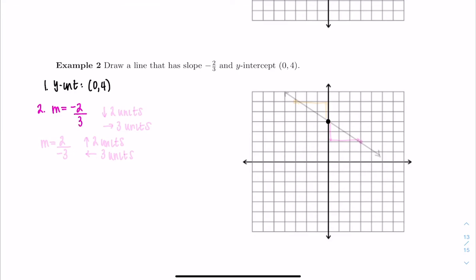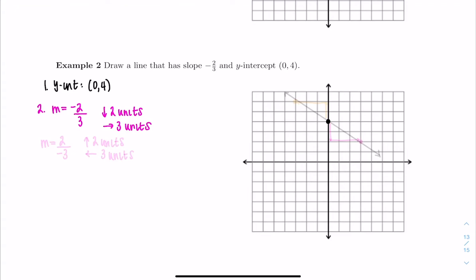So we learned at the beginning that we can move a negative on a fraction either to the top, to the side, or to the bottom. And so when I have the negative with the 2 in the numerator, this is like saying we're going to go down 2 units, and then you're going to go to the right 3 units because it's now a positive 3 in the denominator.